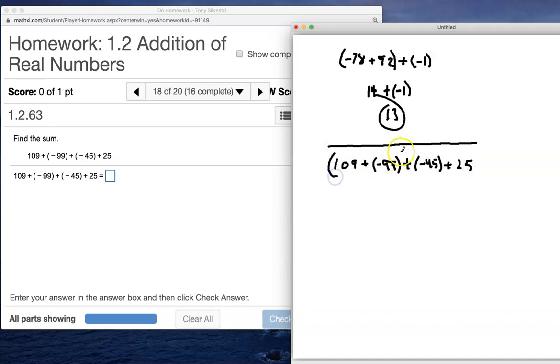Let's do these two first, the left to right order. 109, different signs. I'm going to take 109 minus 99 is 10. Take the sign of the bigger absolute value, which is positive. This 109 is bigger. Okay. Copy the rest of this down.